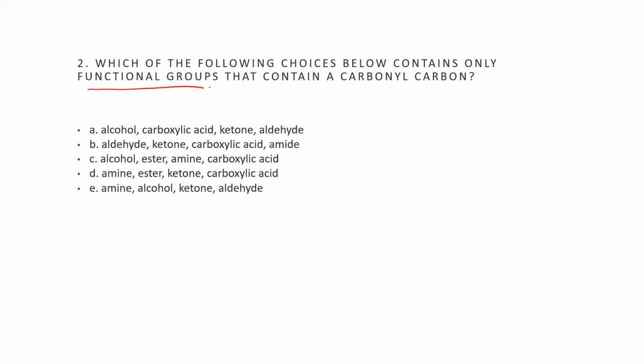B. Yeah, so it's B. To remind you, this is what a carbonyl carbon is. Right off the bat, we know it's not A because this is the OH group for an alcohol. C has alcohol as well.